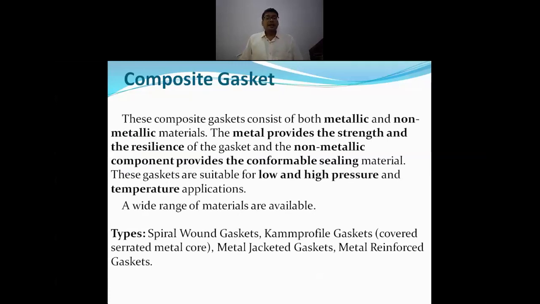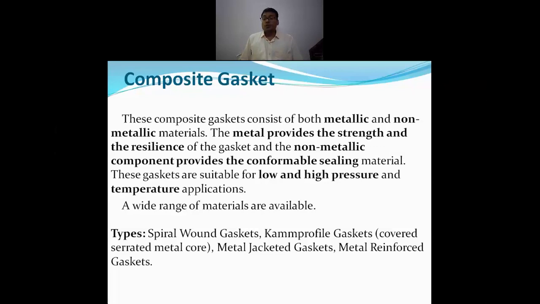Then the second is the composite gaskets. Now these composite gaskets are made of metallic and non-metallic materials. So metals provide the strength and resilience, and the non-metallic part provides the sealing, deforming and flowing abilities.